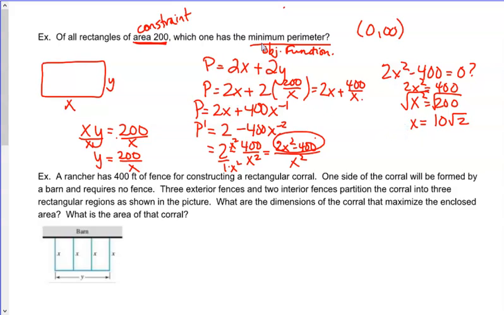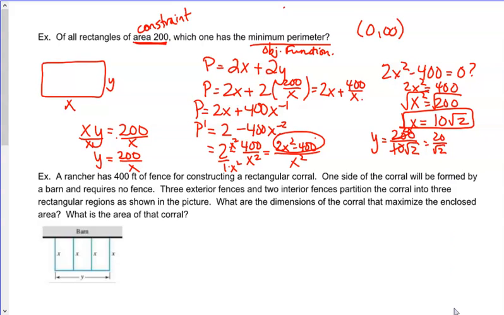Which one has a minimum? We need to know what the dimensions are. That's part of it. But I need to now plug that back in over here to figure out what y is equal to. So if I do y equals 200 over 10 root 2, I'm going to first cancel the 10 into 200 and give me a 20. So I get 20 over root 2.